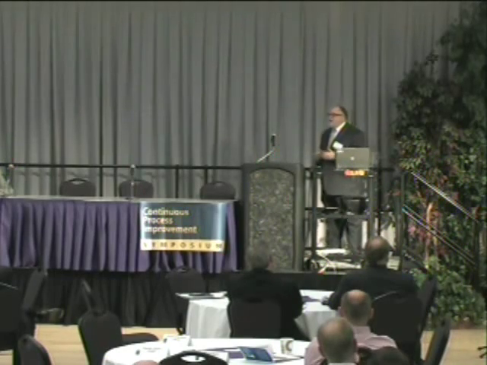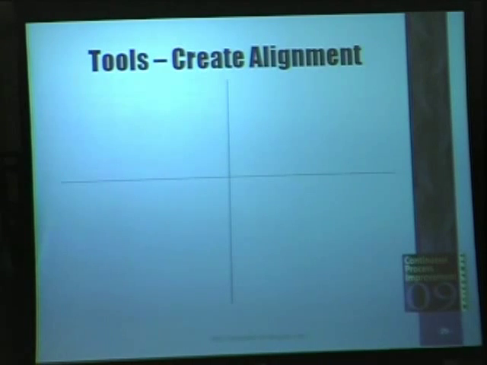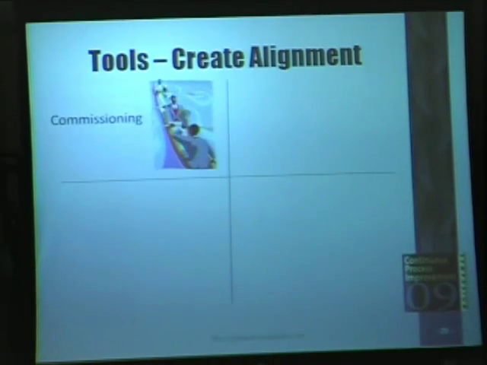Now, I favor a simple approach. Simple, simple, simple. Because I think that complicated processes, complicated systems do not work. They can work for a while, but they can't last. So the first part of TLS is creating alignment and putting in a simple commissioning structure.